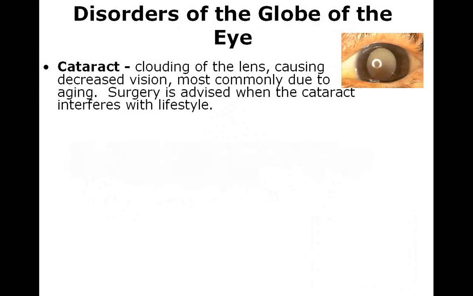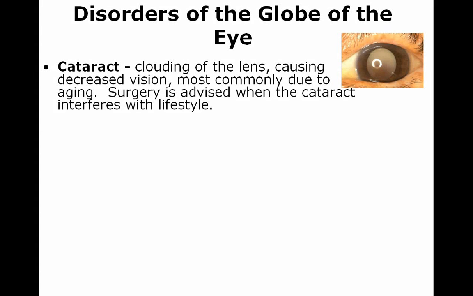Okay, next, the disorders of the globe of the eye. I'm skipping over a couple of these and looking at the term cataract. The cataract is clouding of the lens. If you look back at the anatomy of the system and see the position of the lens, it should be crystal clear because light should be focused through the lens, and the lens actually changes shape to accommodate the light from different angles.